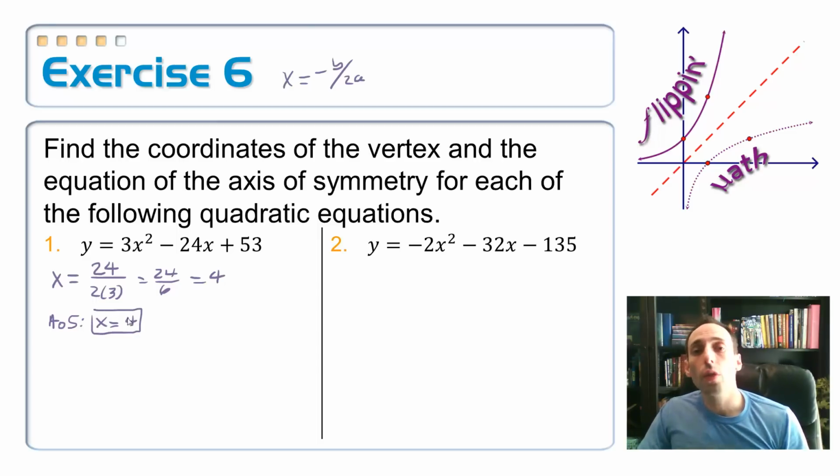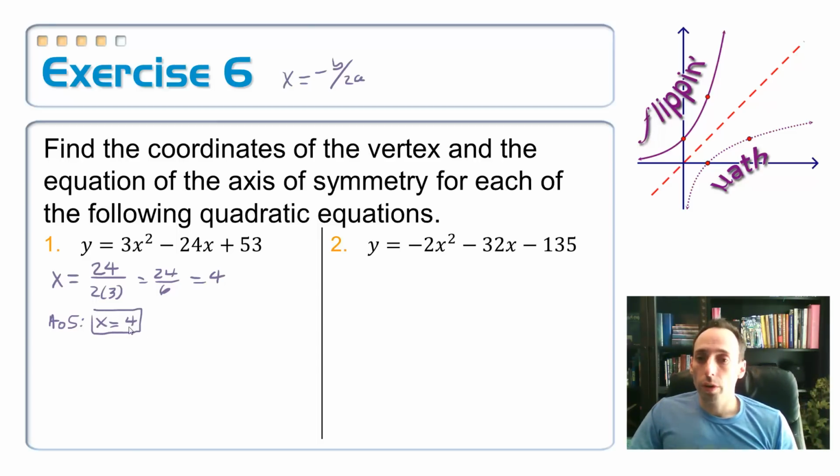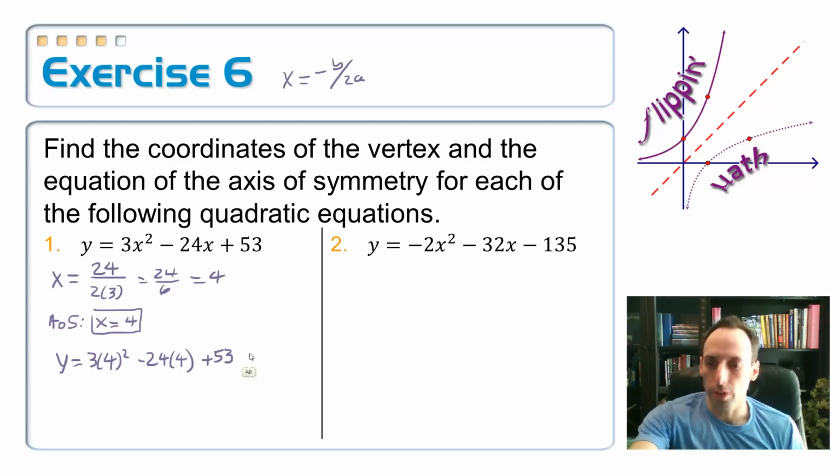Now I just need to find the y-coordinate. To find the y-coordinate, why don't I just put that back into the equation? y equals 3 times 4 squared minus 24 times 4 plus 53. I think I'm going to use the calculator on this.